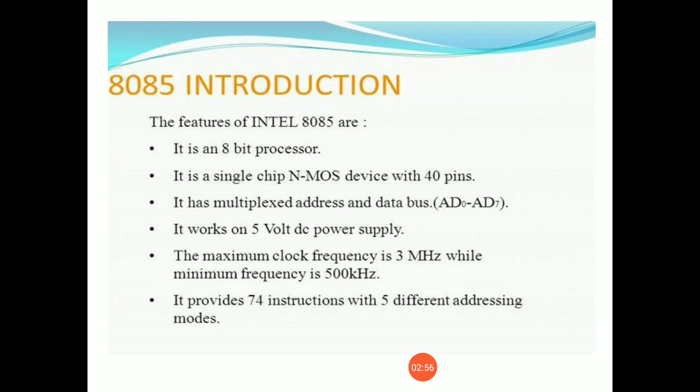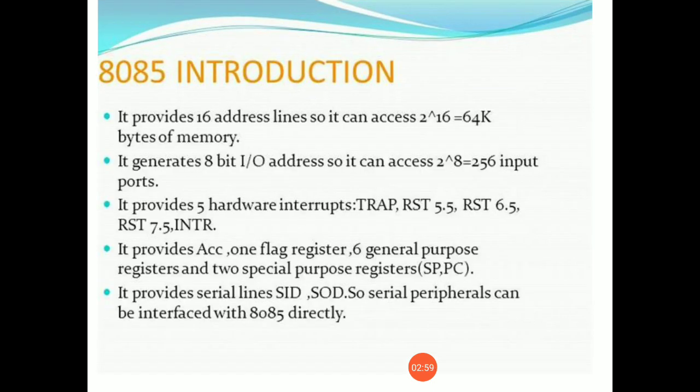It has an 8-bit accumulator, flag register, instruction register, six 8-bit general purpose registers, that is B, C, D, E, H, L, and two 16-bit registers. It provides 5 hardware interrupts, that is, TRAP, RST 7.5, RST 6.5, RST 5.5 and INTR.